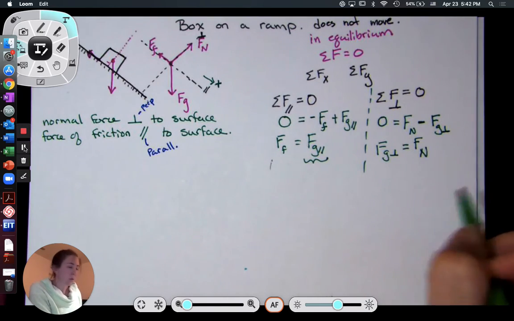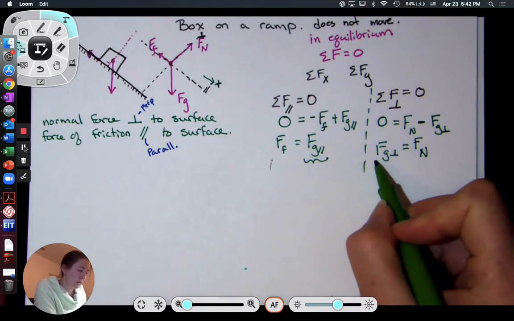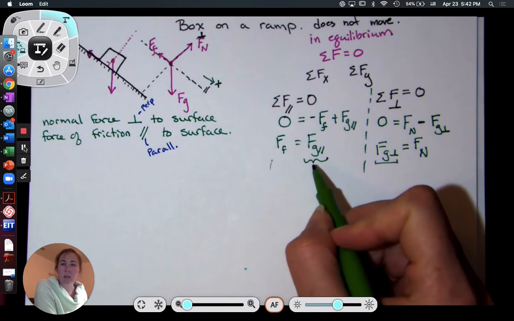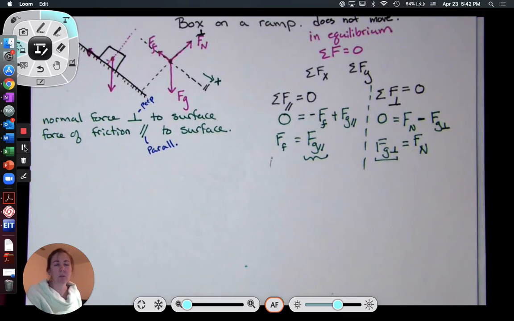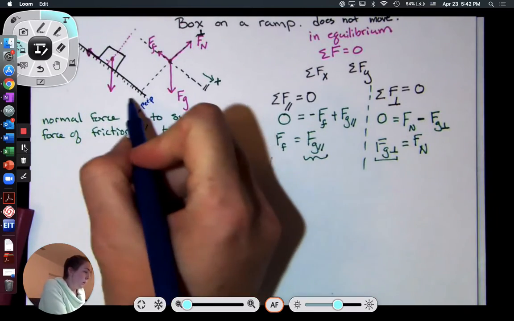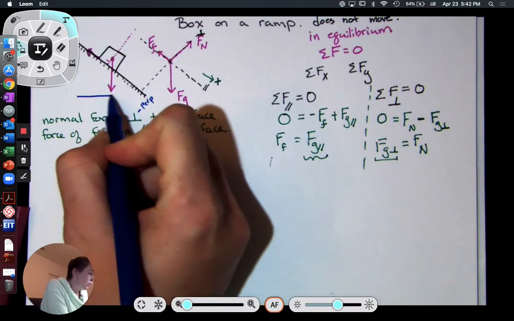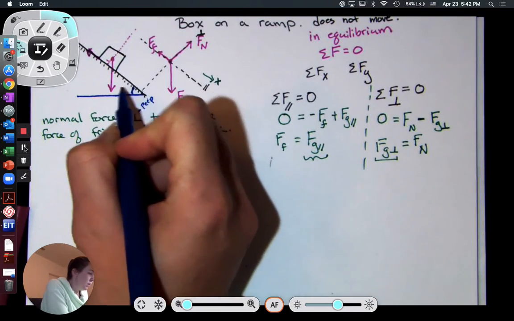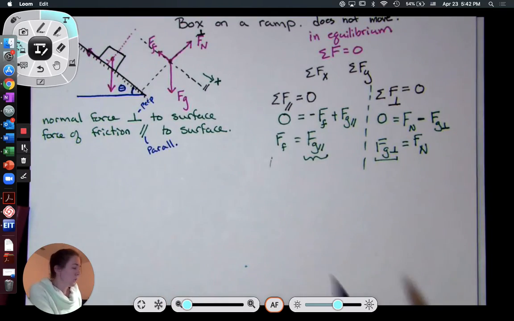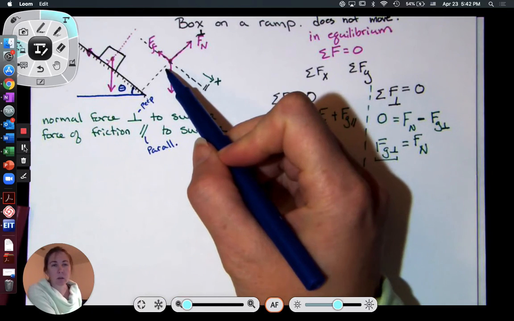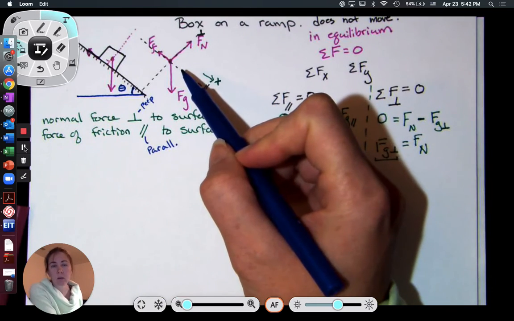Okay, so how do I find these parallel and perpendicular components? Because things are starting to look a little bit crazy here. When you are given this problem, you'll be given the ramp angle, most likely. So let's draw this in, and let's say that it has a ramp angle of theta. Okay, so the question is, is this theta or is this theta?